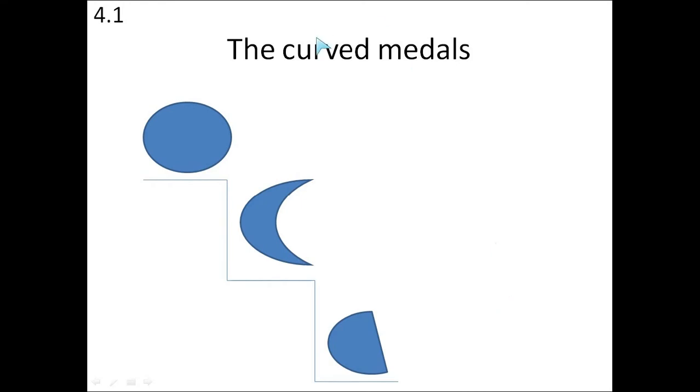But curved metals are slightly different to straight-edged metal shapes, and instead of getting a gold for first place, they prefer silver, which is a bit unusual, but then they are slightly unusual looking shapes. And for second place they get gold, and for third place they get bronze.